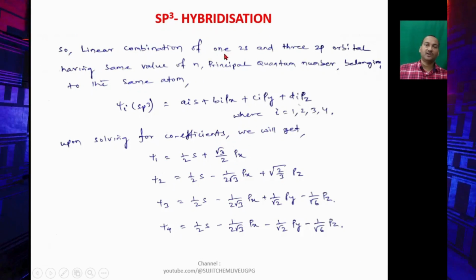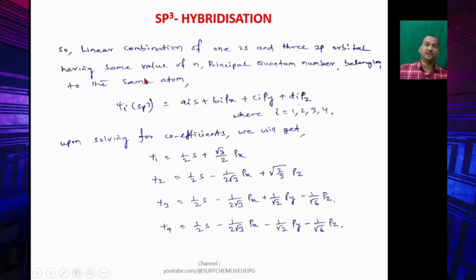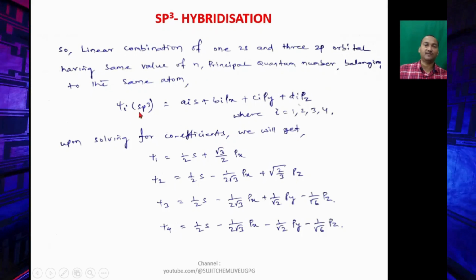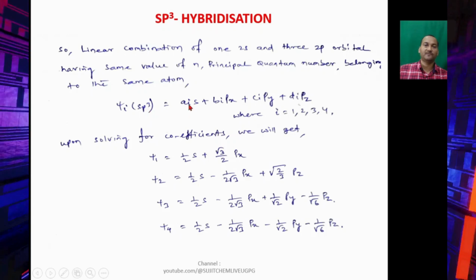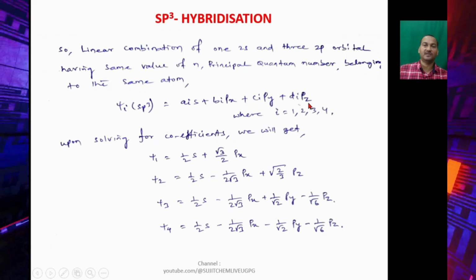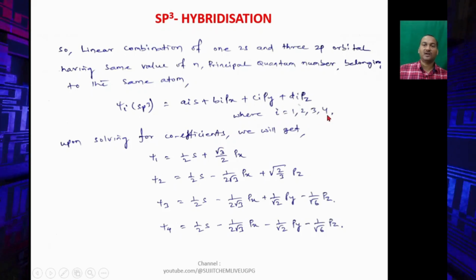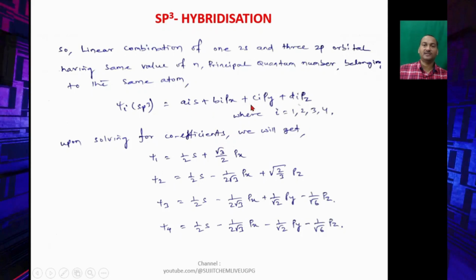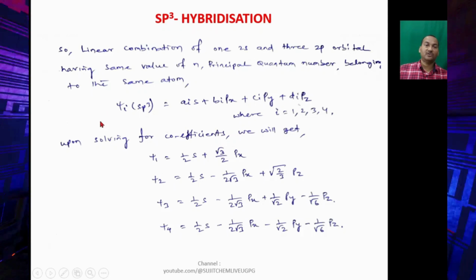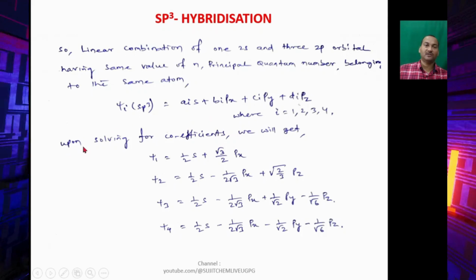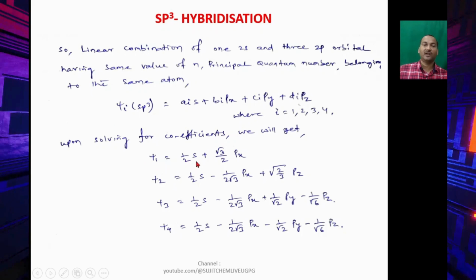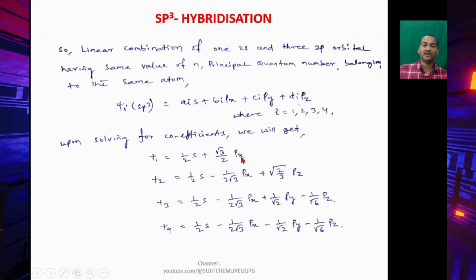So the linear combination of 1 2s orbital and 3 2p orbitals having the same value of principal quantum number belonging to the same atom. So psi sp3 will be ai s plus bi px plus ci py plus di pz, where i equals 1, 2, 3, 4. So these ai, bi, ci and di are coefficients. So by applying both the normalization and orthogonality conditions, if you solve for the coefficients, you will get psi 1 equal to 1 by 2 s plus root 3 by 2 px.